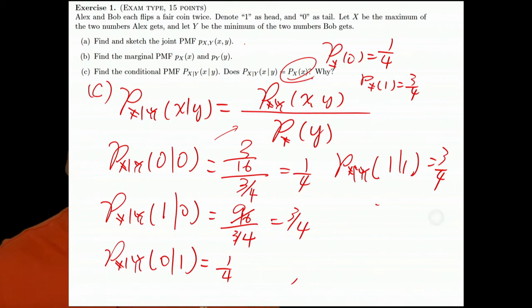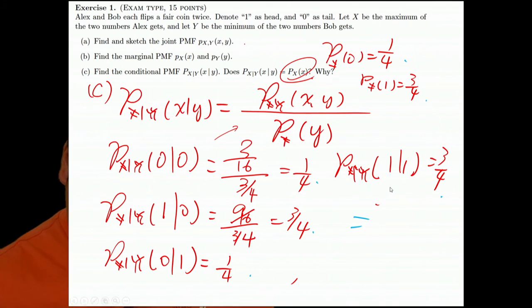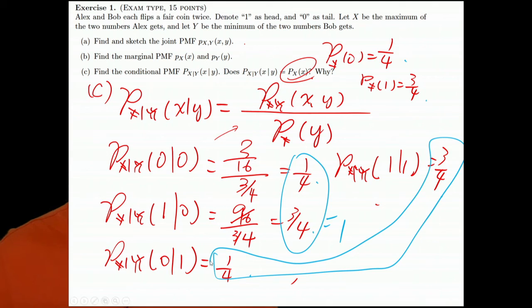So they are different because we have 4 numbers here and I only have 2. Also you can verify that if I add these two, it is 1, and if I add those, it's still 1, which is valid, because if we fix the given point, then this is also a valid conditional probability.